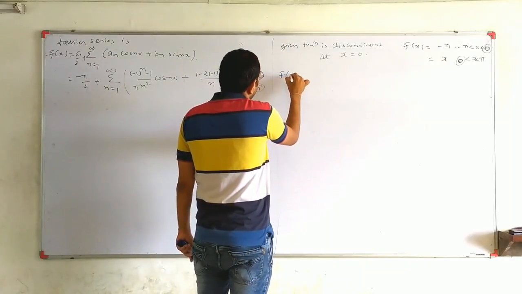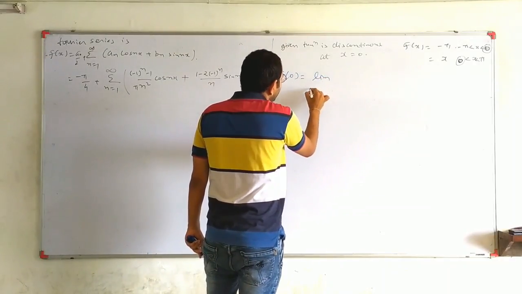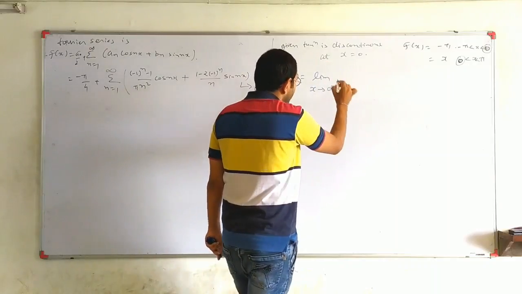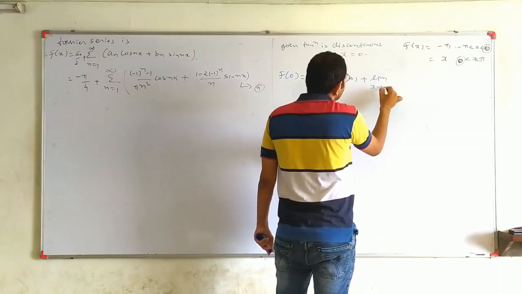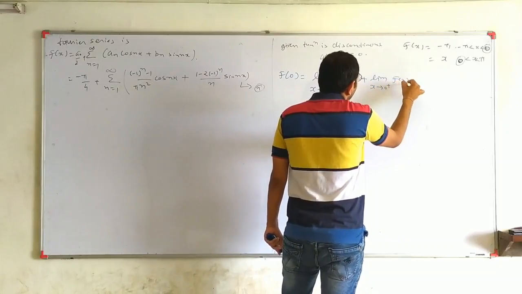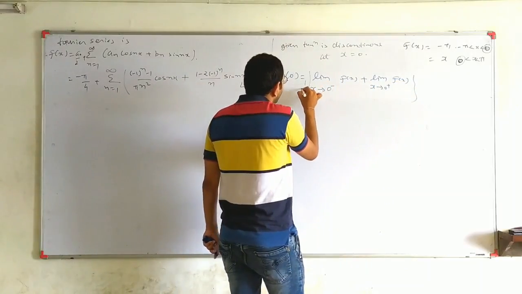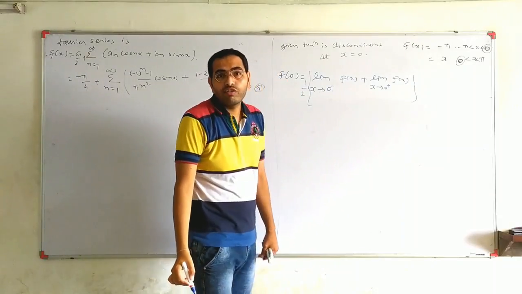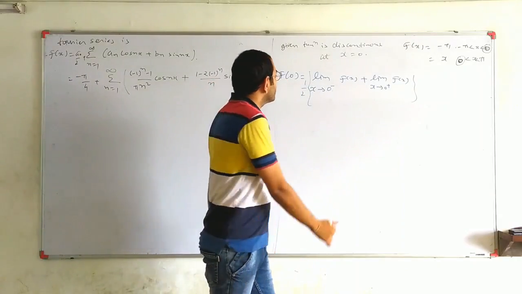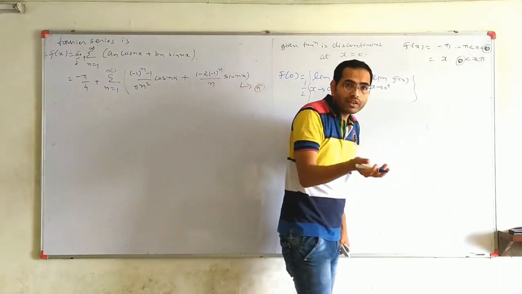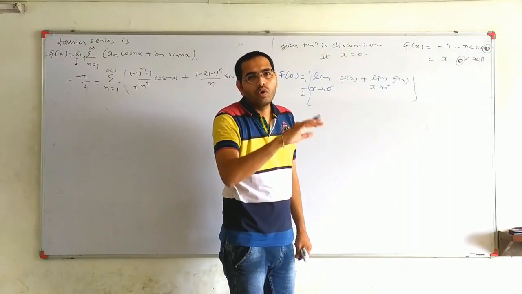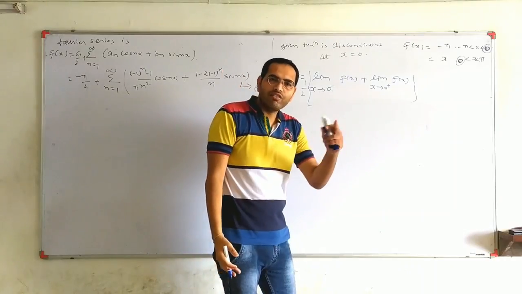Then f of 0 equal to limit x tends to 0 minus f of x plus limit x tends to 0 plus f of x, divided by 2. Means the average of the two functions: whatever the value after the 0 and whatever the value before the 0, and average that.